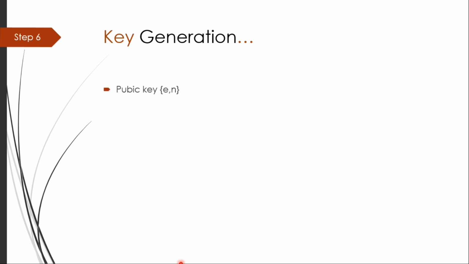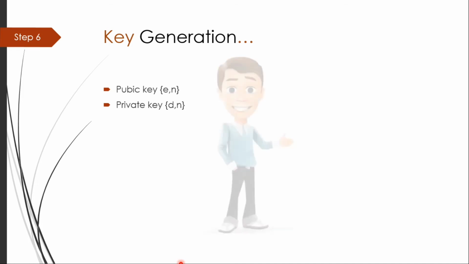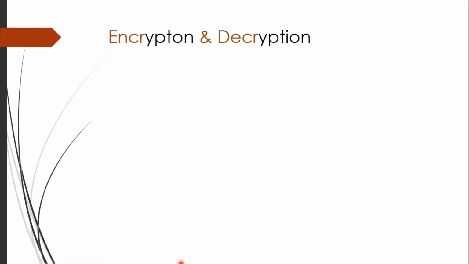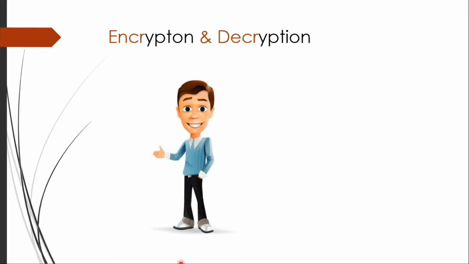The pair of e and n is taken as the public key. The pair of d and n is taken as the private key. This public key is used to encrypt and the private key is used to decrypt. That is, the value of n must be greater than the integer value of m.